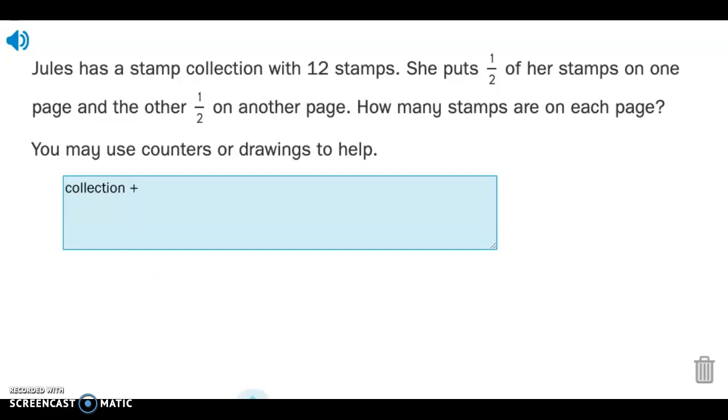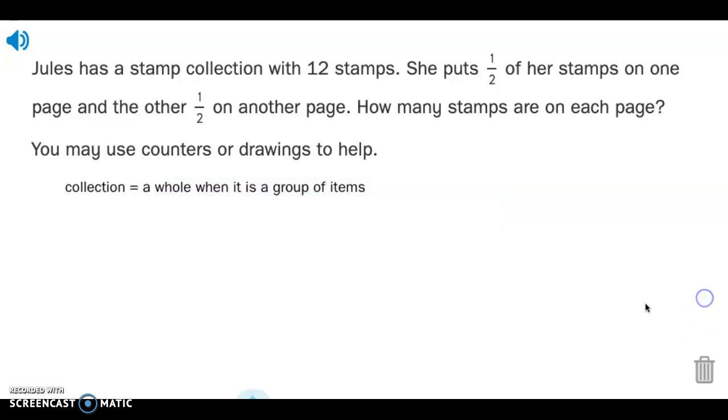A collection equals a whole when it is a group of items. So our 12 stamps was a collection because it's a whole, but it's a group of items.